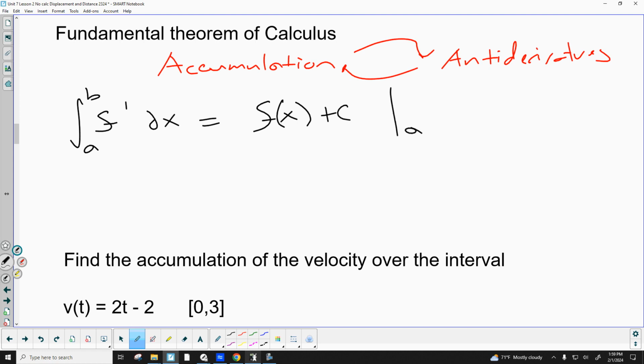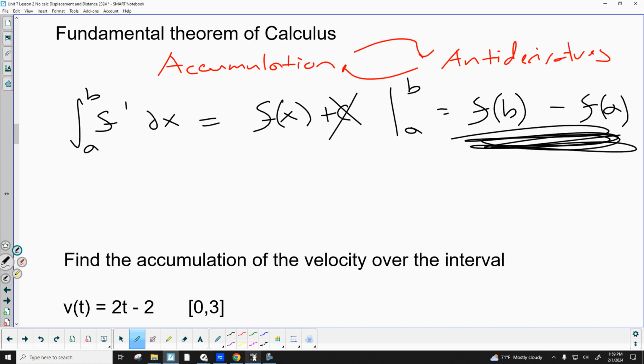You would then, and this is something that you might see in math textbooks, we're not going to be doing this, but it's there just for you and I. You then find the change in your antiderivative, which is really your displacement. You realize that the plus c won't matter.